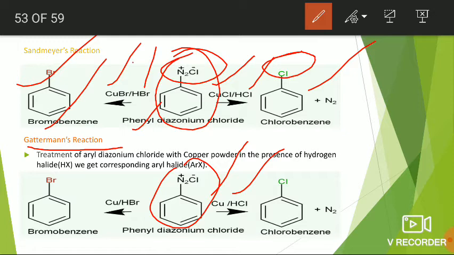Then we get the corresponding halobenzene, maybe chlorobenzene or maybe bromobenzene. That is, treatment of diazonium salt with hydrogen chloride in the presence of copper powder gives chlorobenzene, but treatment of diazonium salt with hydrogen bromide in the presence of copper powder gives the corresponding bromobenzene.